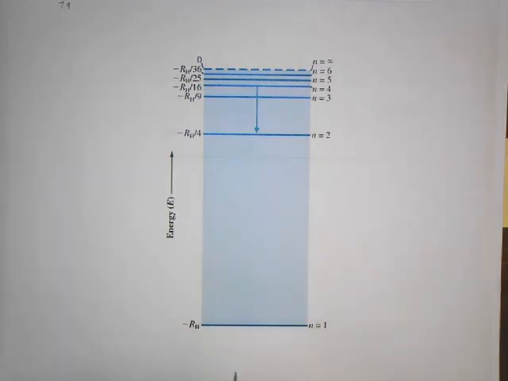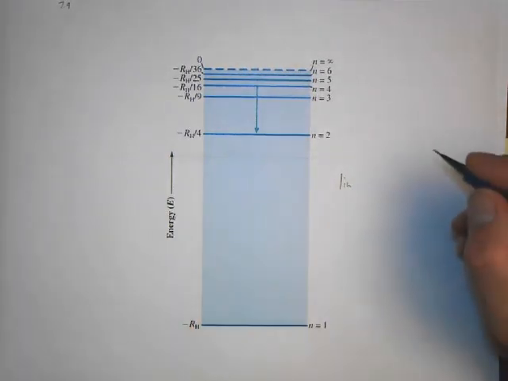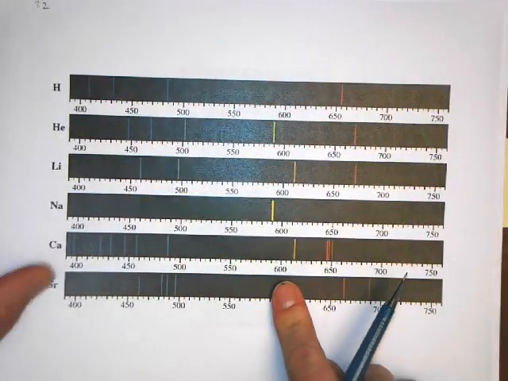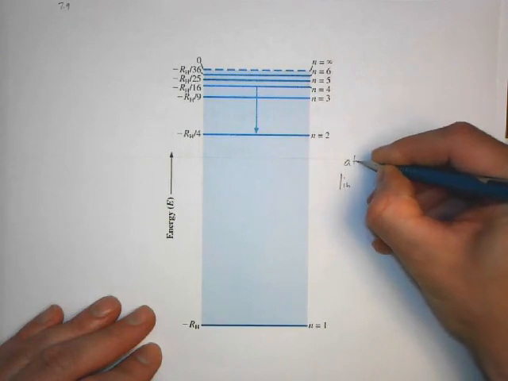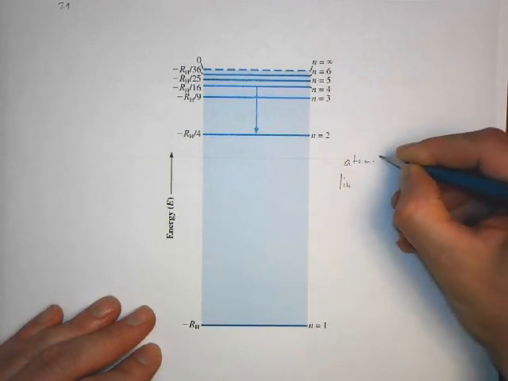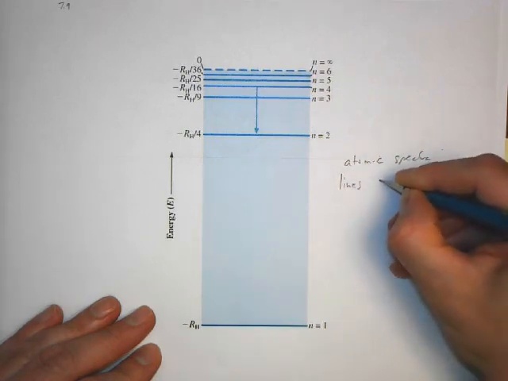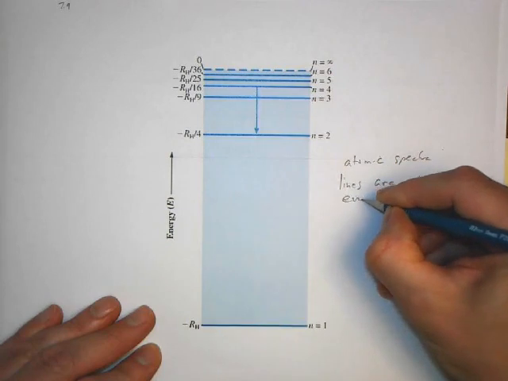One thing to keep in mind, very important: the lines that we see here in the atomic spectra, the atomic spectral lines, are not the energy levels.